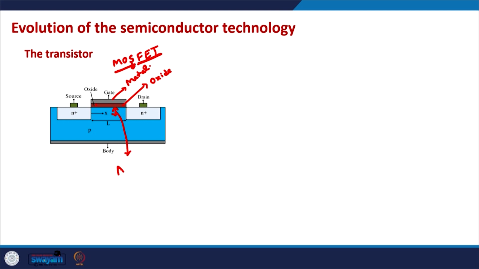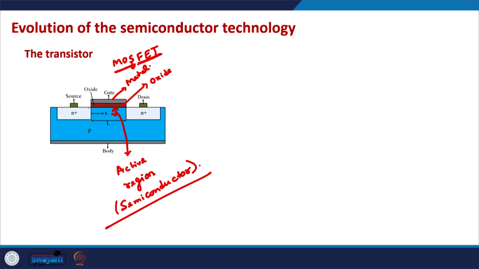So, this is the active region of the device, and this is made out of semiconductor material. Okay. So, we have a stack of semiconductor, oxide, and metal.